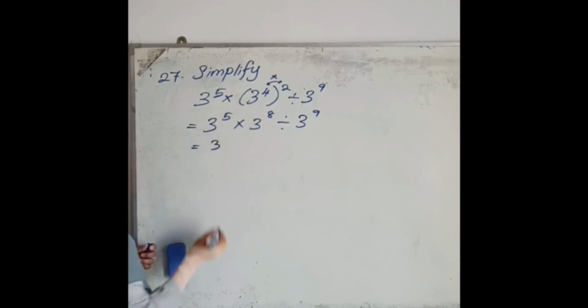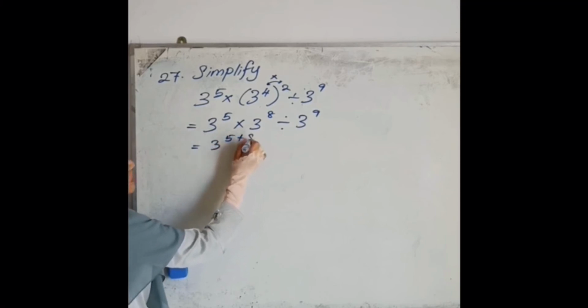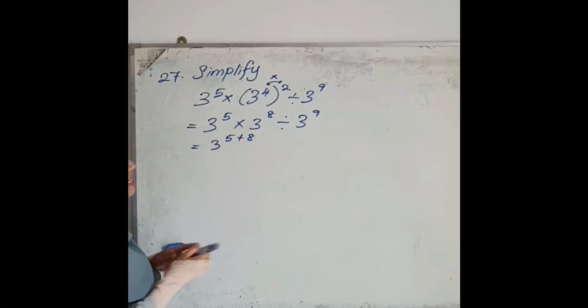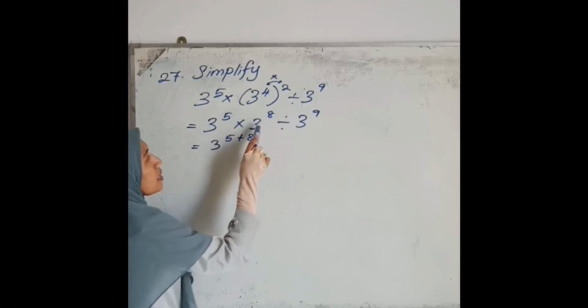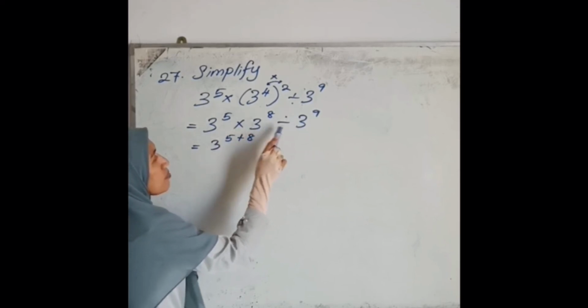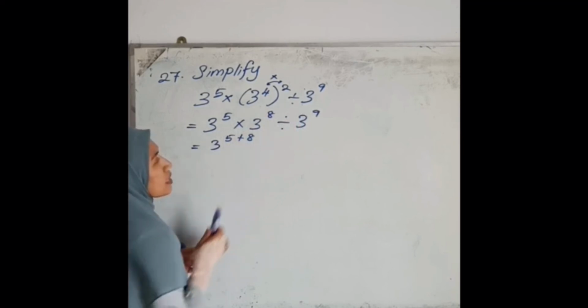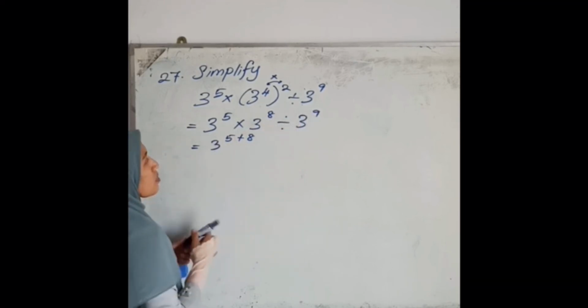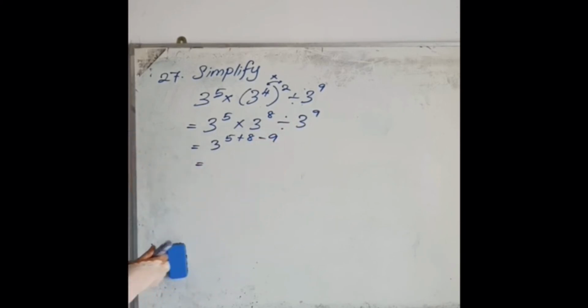So base 3, 5 plus 8. By using the second law, when we divide the numbers with the same base, we can subtract the index. So minus 9. So the answer is 3 to the power of 4.